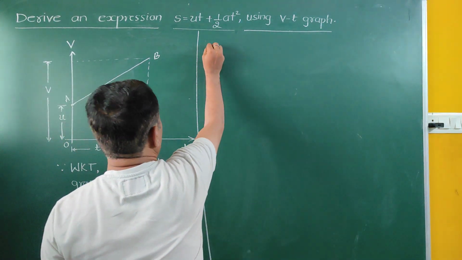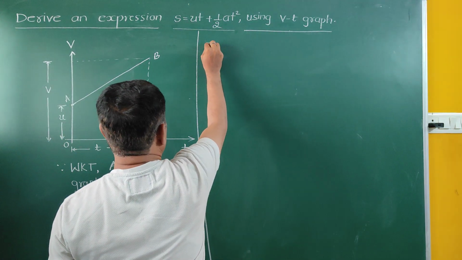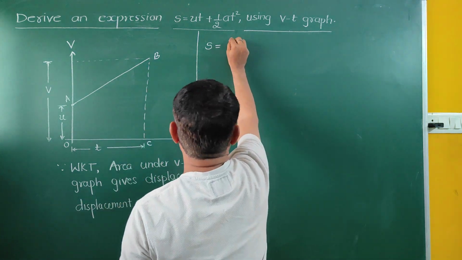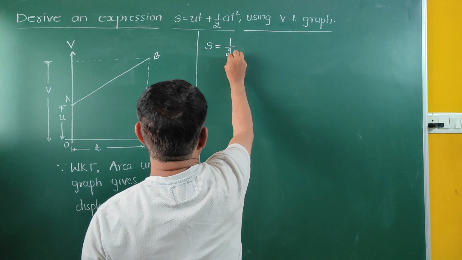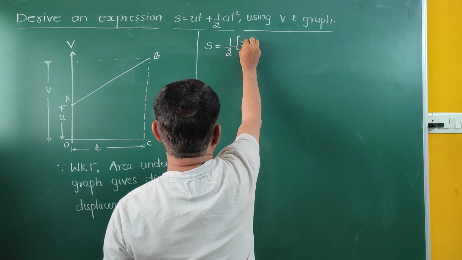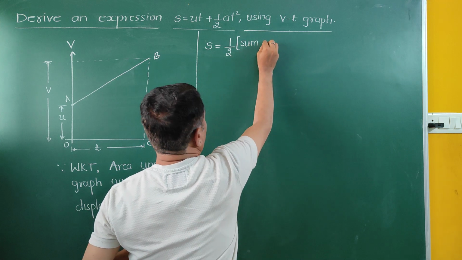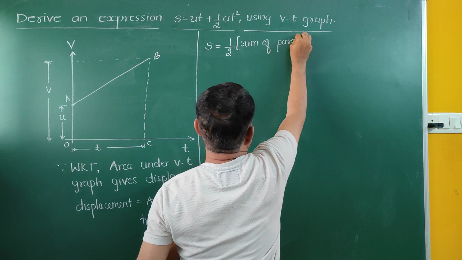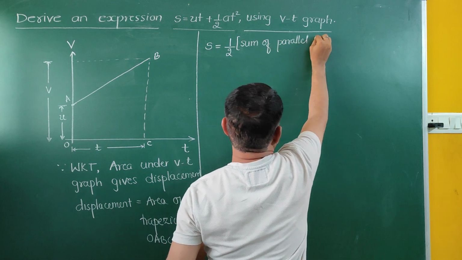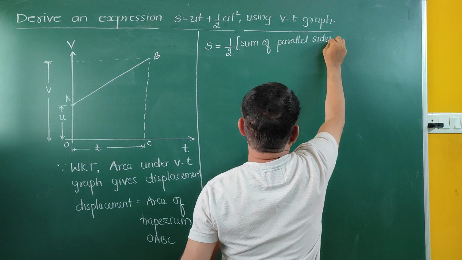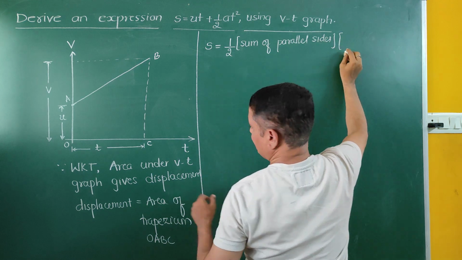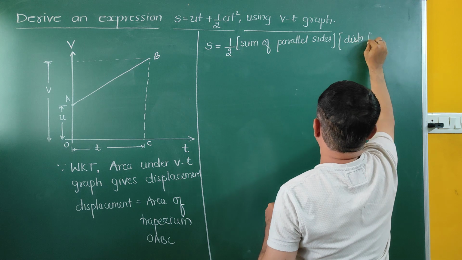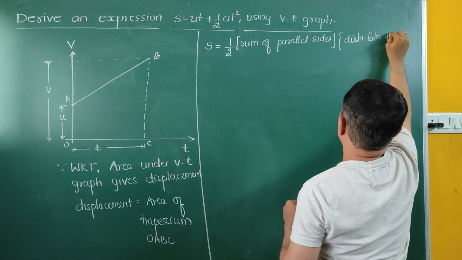Since we know that displacement, here represented by S, is equal to the area of a trapezium, which is half into the sum of parallel sides into the distance between the parallel sides.